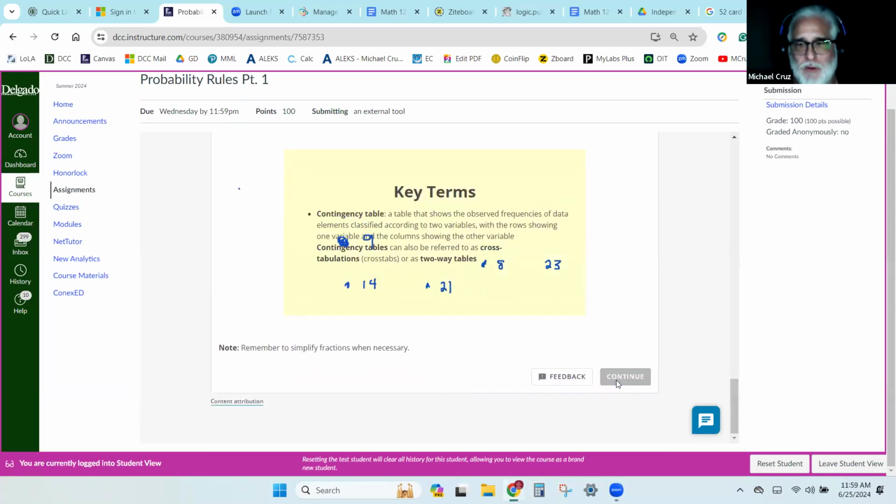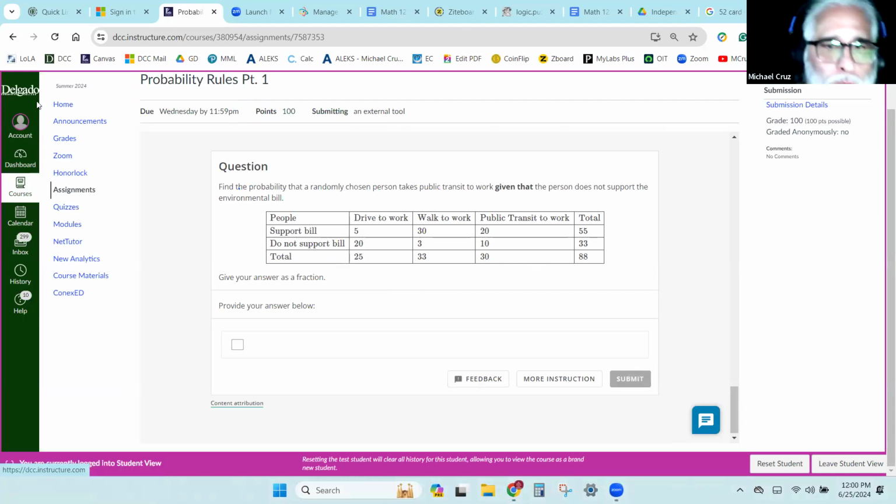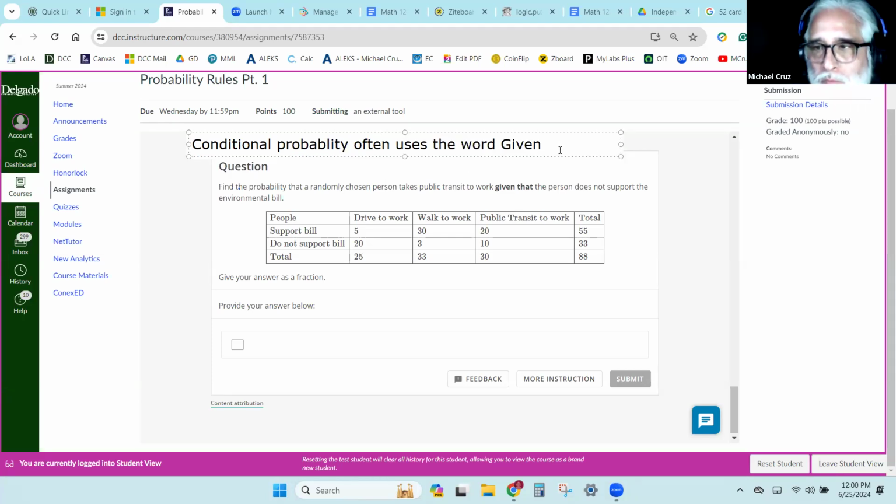All right, let's see if we can do one of these. All right. Now, for conditional probability, you're given the condition as the denominator.